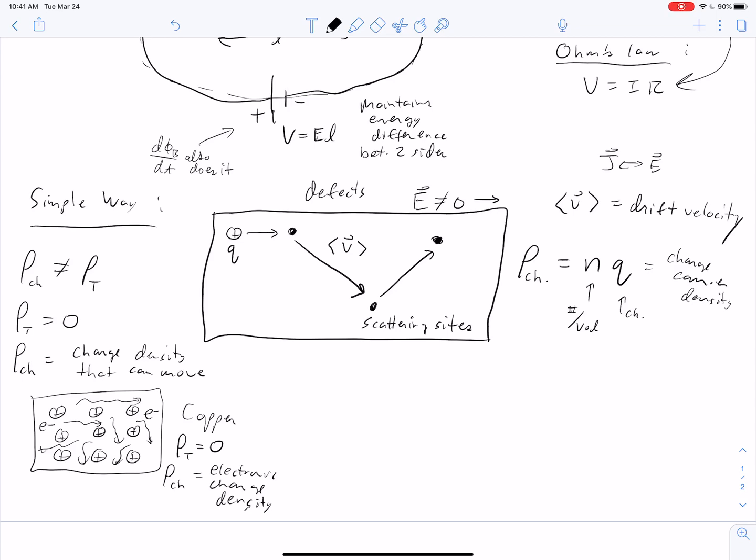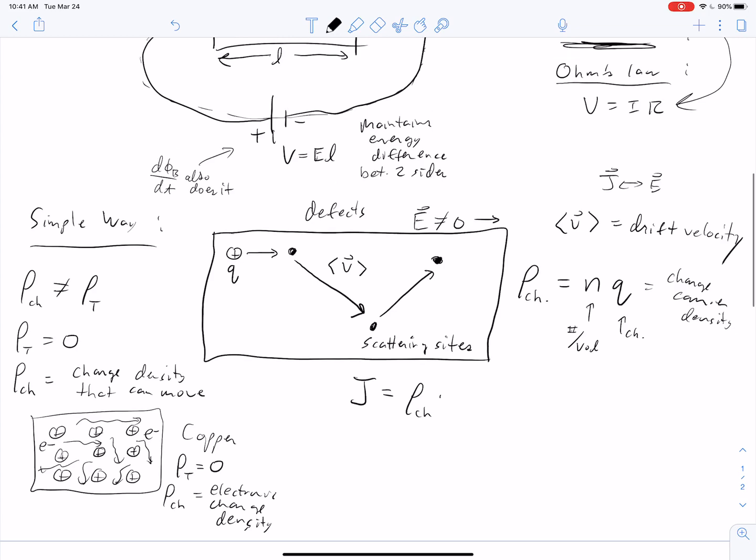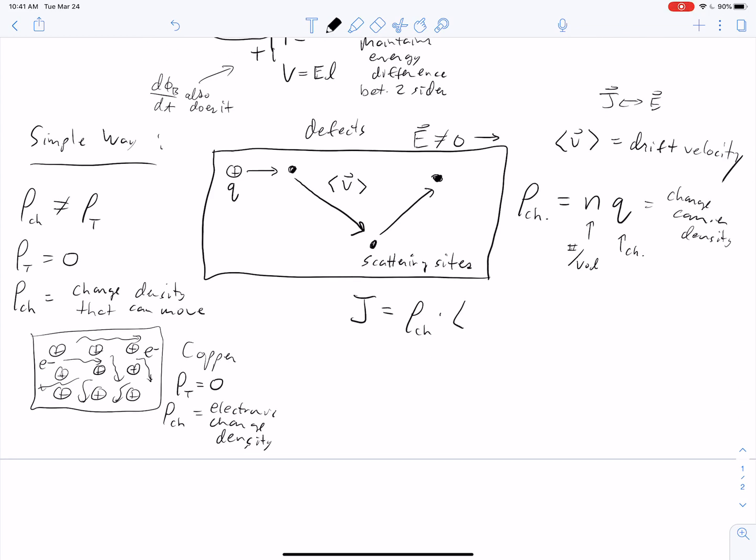Then we can very easily figure out the current density, J, because J is equal to the charge carrier density times the drift velocity, V, because that's what current density is: charge density times velocity. So it's equal to NQ times the drift velocity, V.